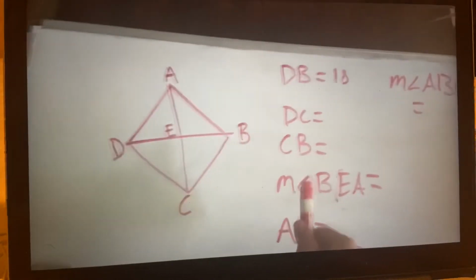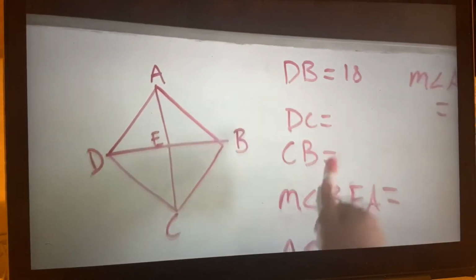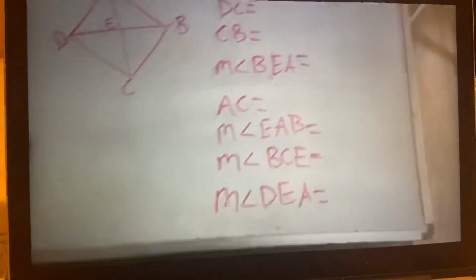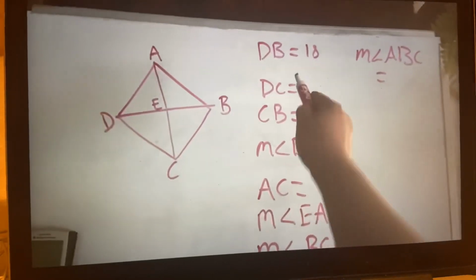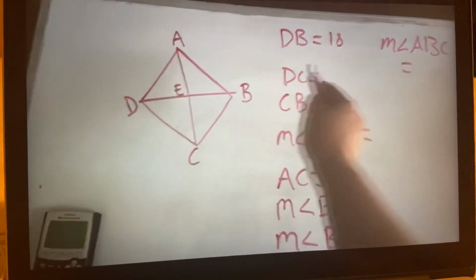Okay, just as before, we have another square, another measurement that they give us, and a whole list of measurements that they want us to find.